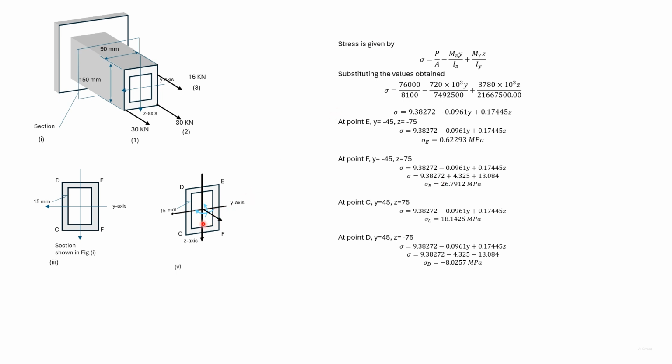The arrowheads of both the moments are directed in this quadrant of which D is a point. So for both moments, we expect the stresses to be negative at D. This is what we get, as we can see here. And the point D has the highest negative stress among the 4 points.